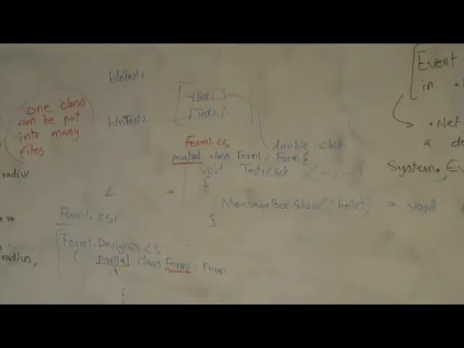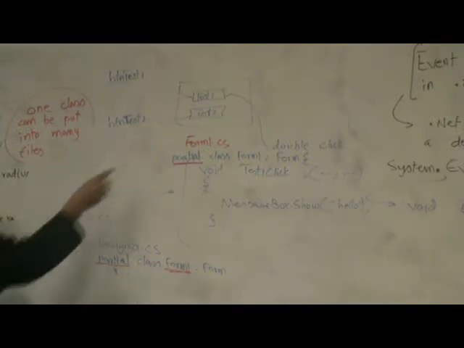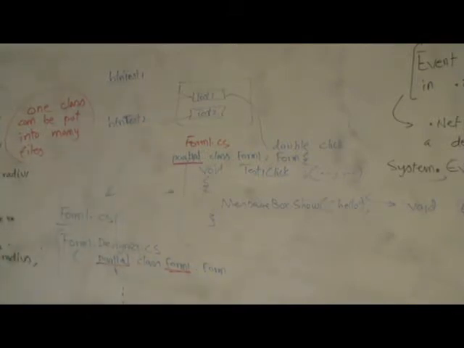Okay, so the benefit of partial classes is that it sort of separates the code that Visual Studio is writing and the code that we are writing. Otherwise it will be one giant mess.